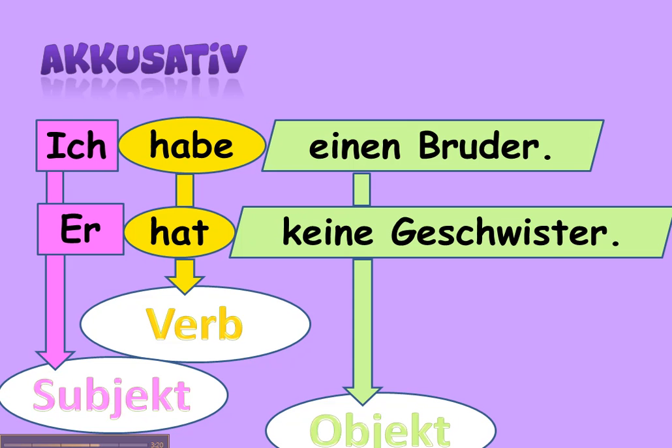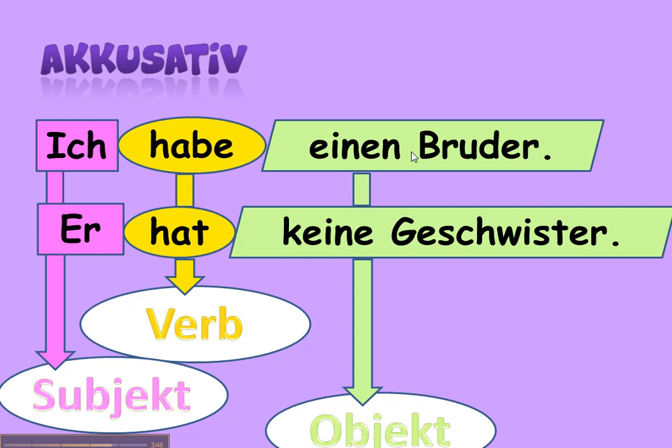So what does that mean, putting something in the accusative case? It means that we're going to take the article and we're going to show that it is accusative. And the only one that we really have to worry about is the masculine form, because all the other ones stay the same. So in this case with the plural, you don't even have to know if it's nominative or accusative because it stays the same.